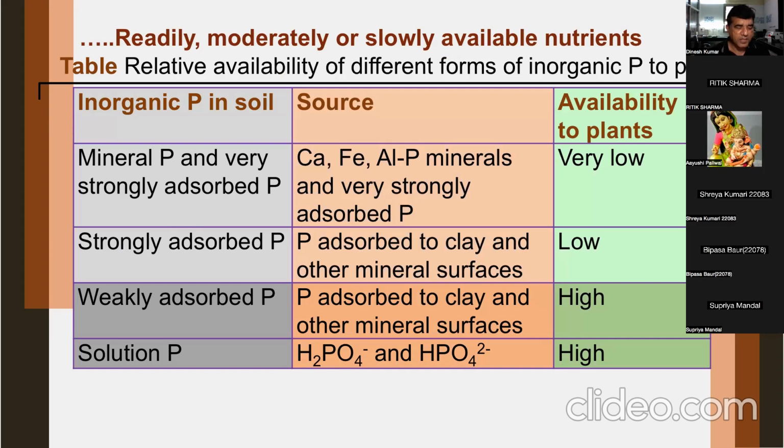And one of you answered that at pH 7.2 or 7.3, the proportion of H2PO4 and HPO4 is equal. What is that pH? 7.2 or 7.3? 7.2, sir. 7.2.